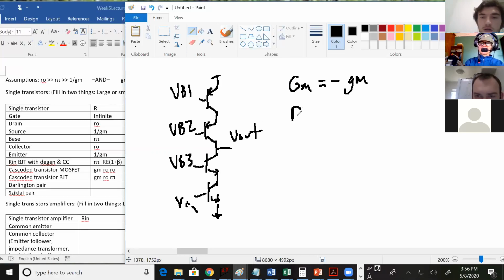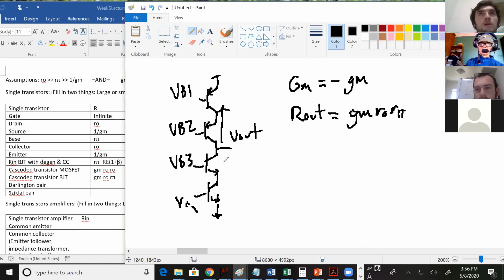And now we have to figure out R out. What's R out? GM RO R pi over 2. So you have GM RO R pi going up and GM RO R pi looking down, so those get put into parallel. And if they're about the same size, you get that.